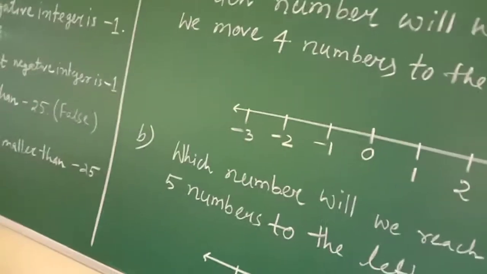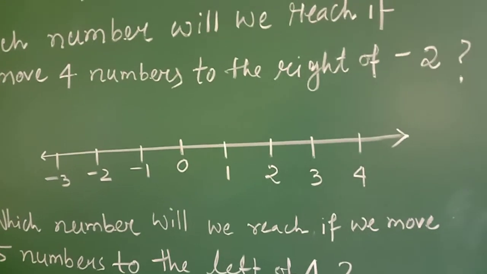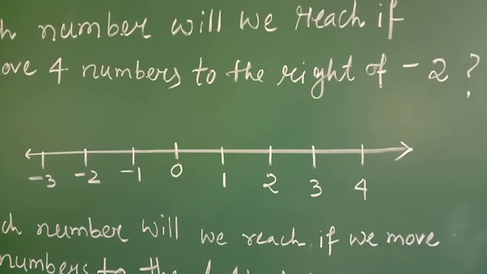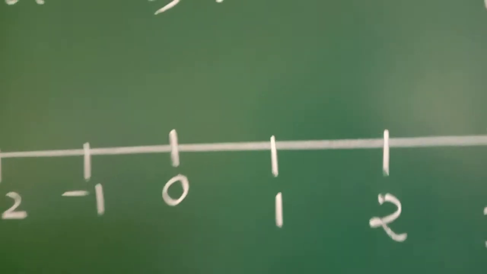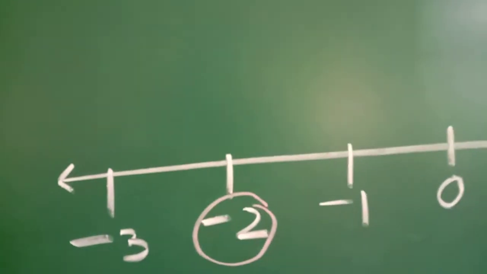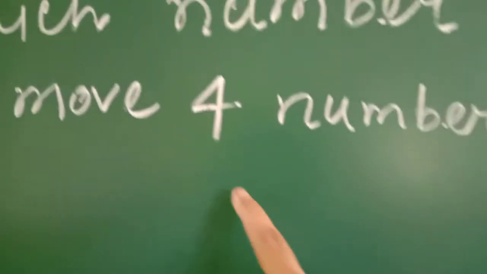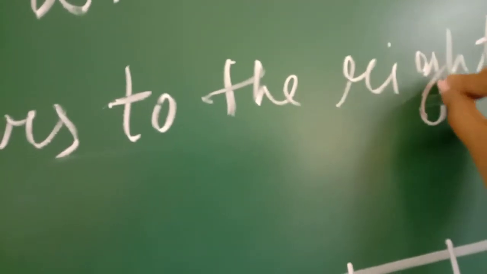I am taking one colored chalk. Which number will we reach if we move 4 numbers to the right of minus 2? This is minus 2. We will move 4 numbers to the right side of minus 2.